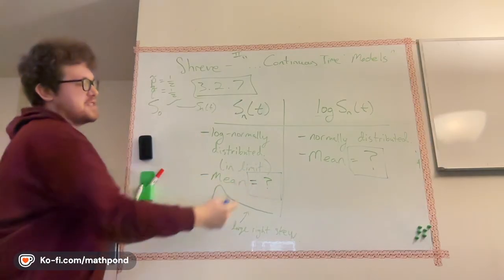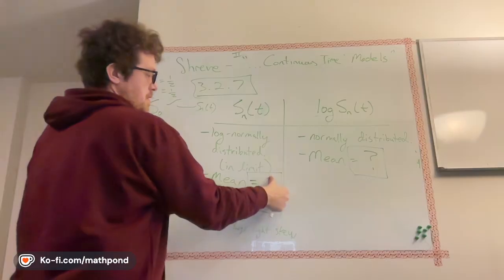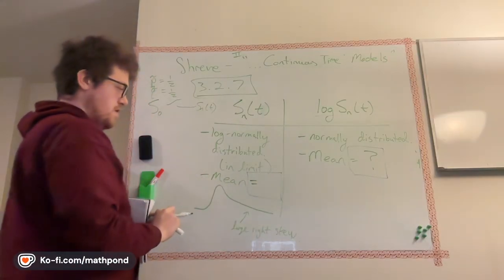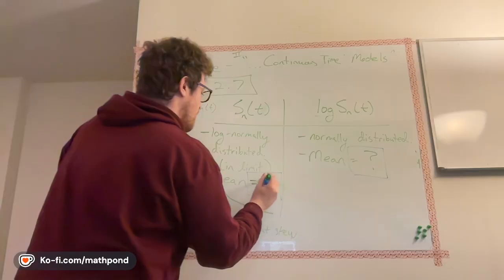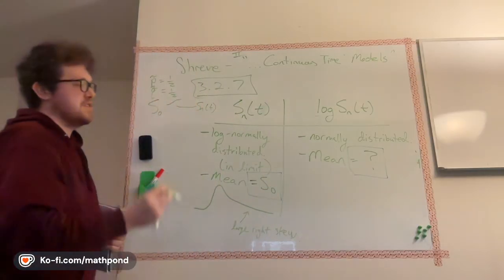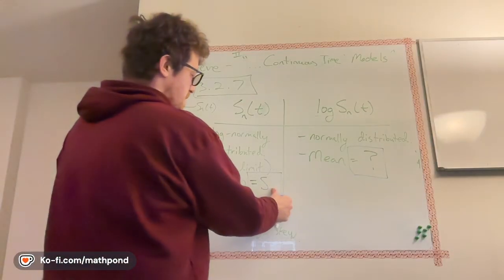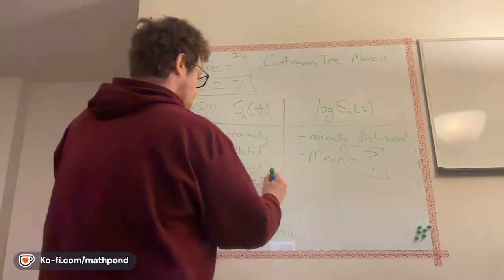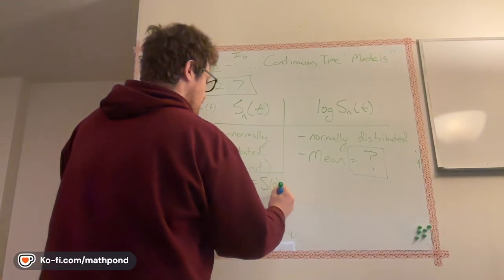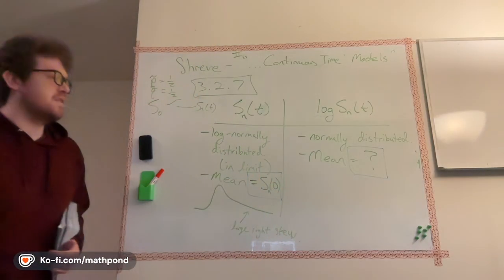So the mean is just S0 here, or S of 0, whatever. Maybe I should be consistent with the notation. Technically it's Sn of 0.